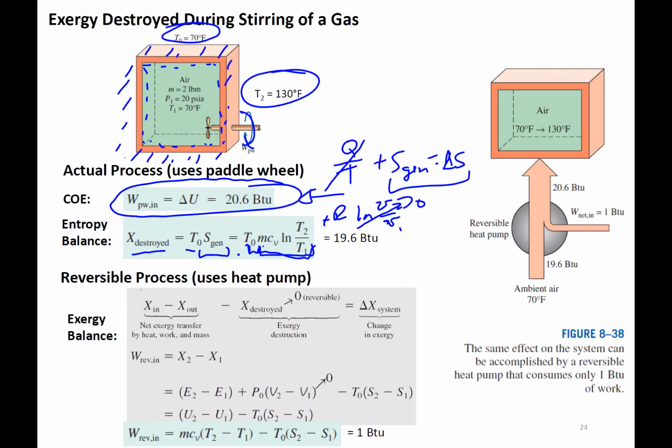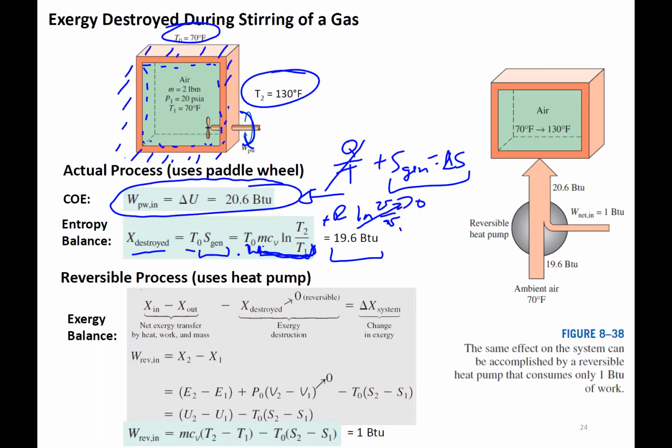So they've simplified that to write this. That X destroyed is then 19.6 BTUs. So out of 20.6, we're destroying 19.6 BTUs.